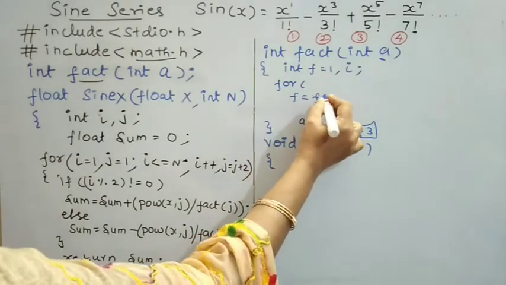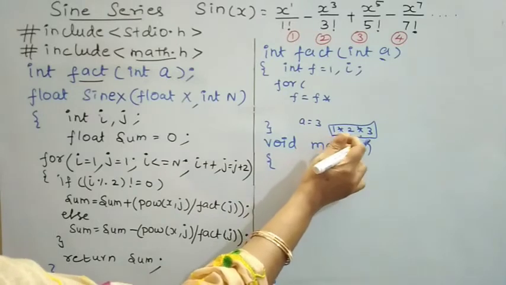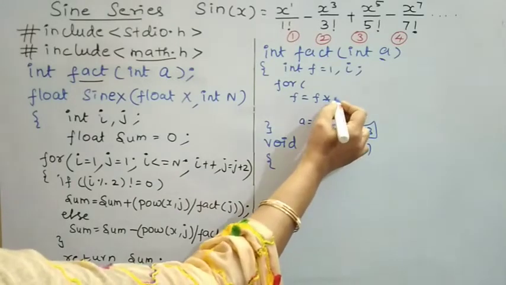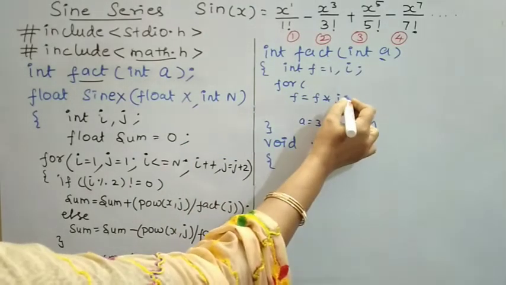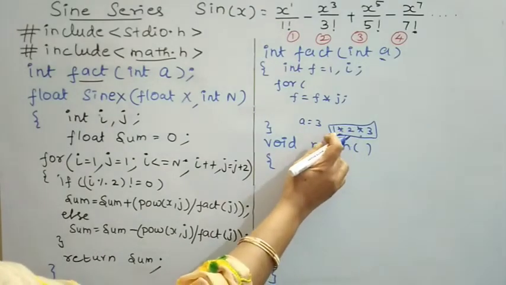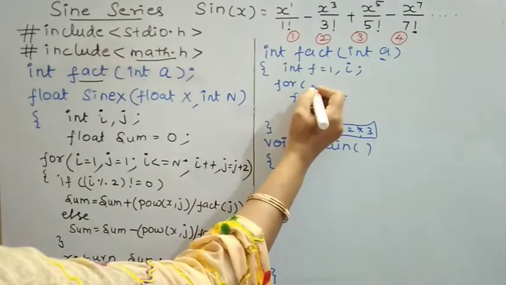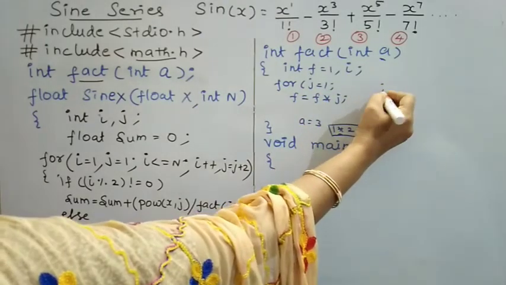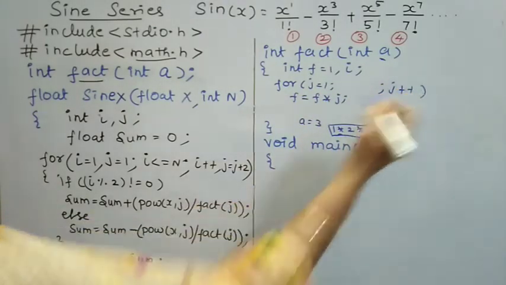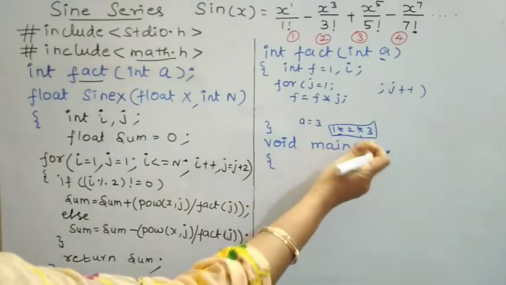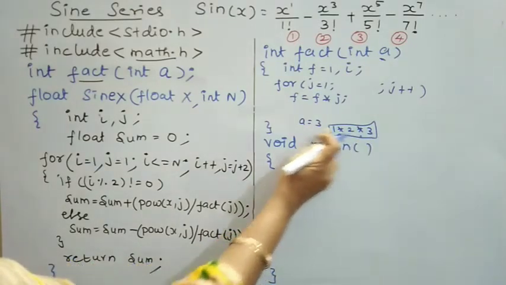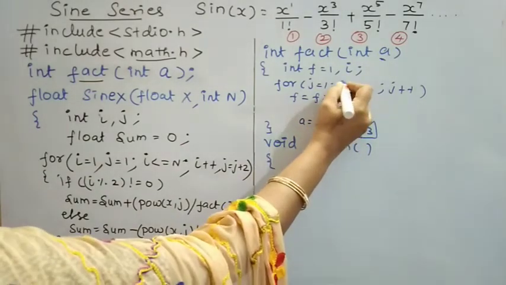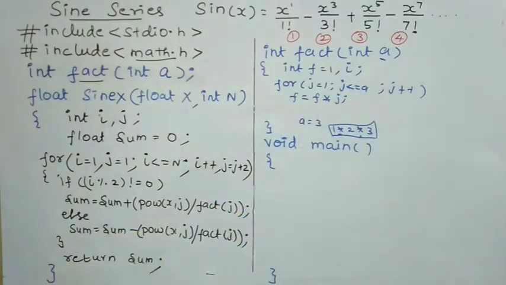Initially f is 1, and to this I keep on multiplying some value, that value is j. Initially the value of j is 1, and each time it is incremented by 1. How long do I need to increment? Until j is less than or equal to a.